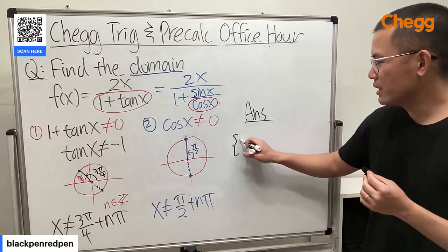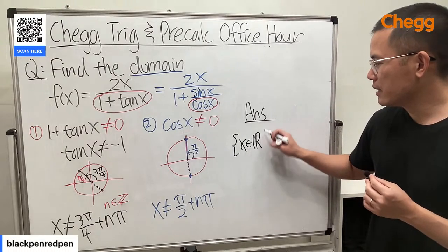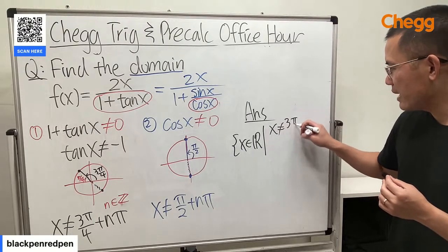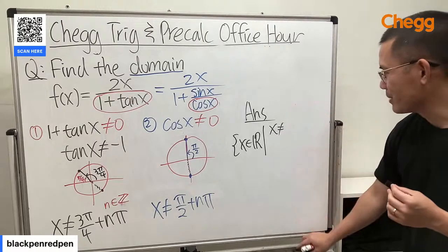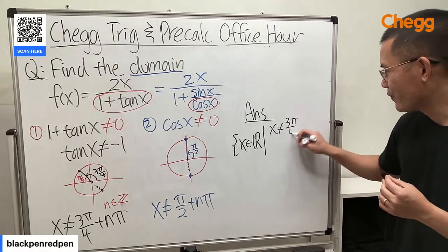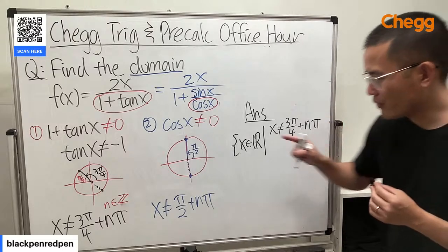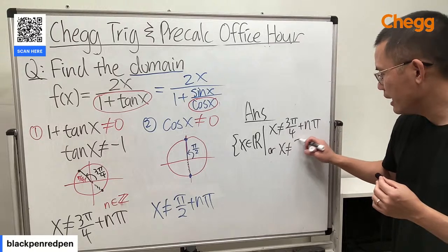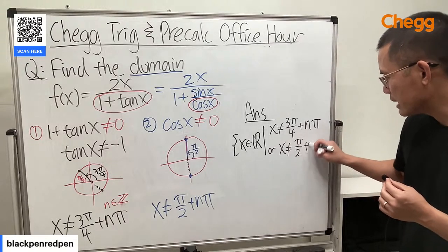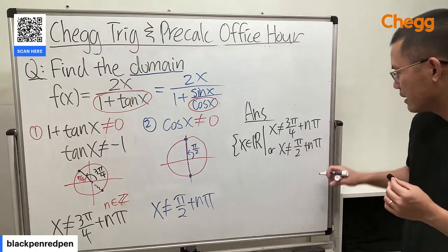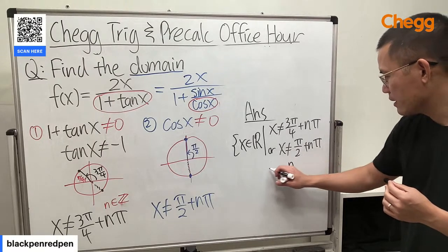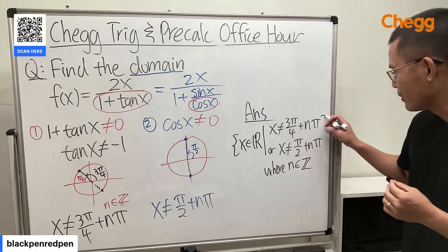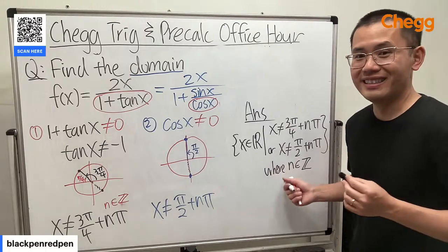The set builder notation: x a real number, such that x cannot be 3 pi over 4 plus n pi, or x cannot be pi over 2 plus n pi, where n is an integer, like so. Okay? So this right here is the answer.